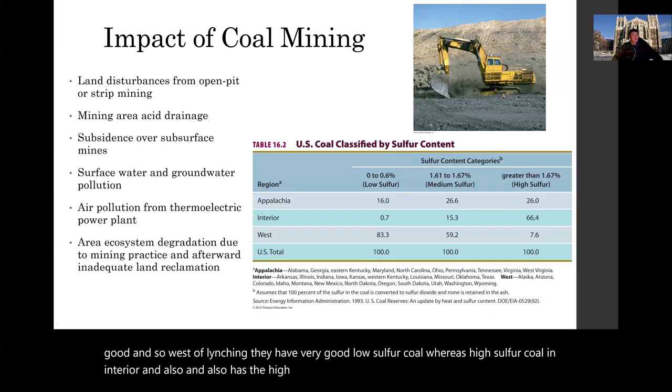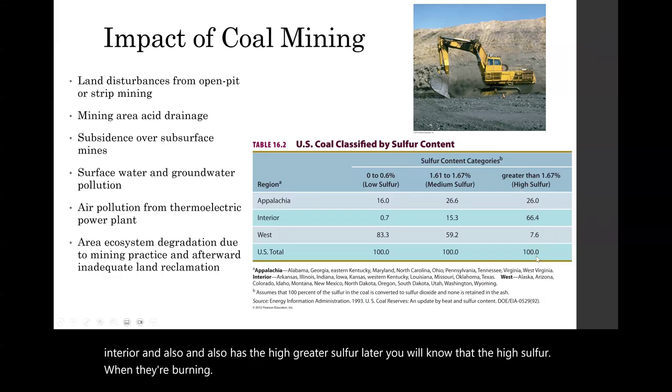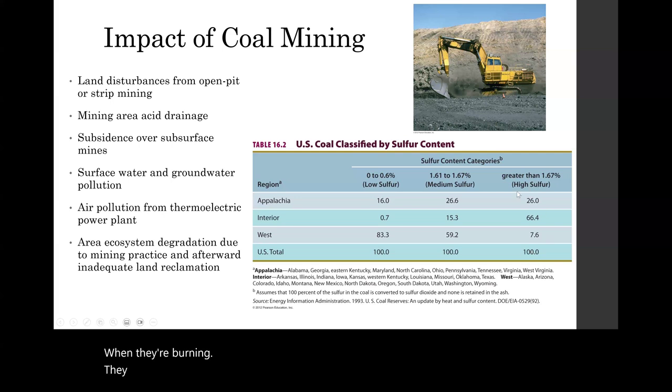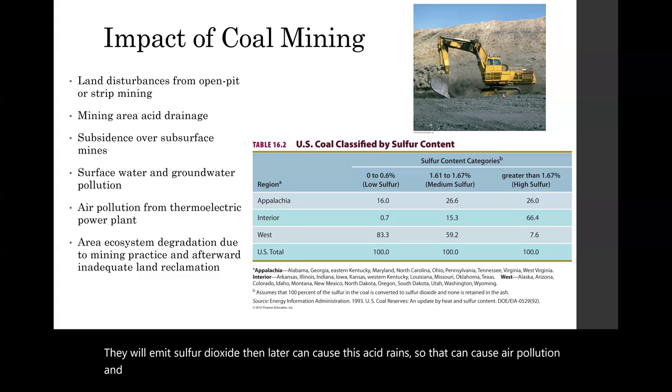Later, you'll know that when high sulfur coal is burned, it emits sulfur dioxide, which can cause acid rain. That can cause air pollution and acid rain, and it can cause trouble in the ecosystem.